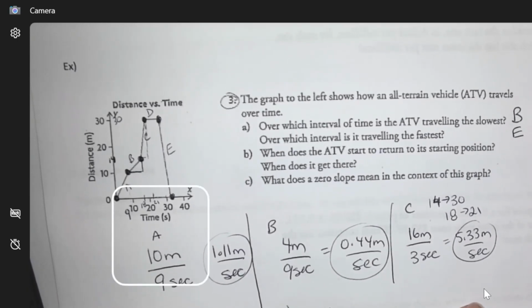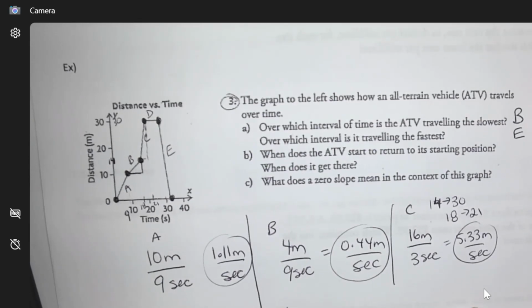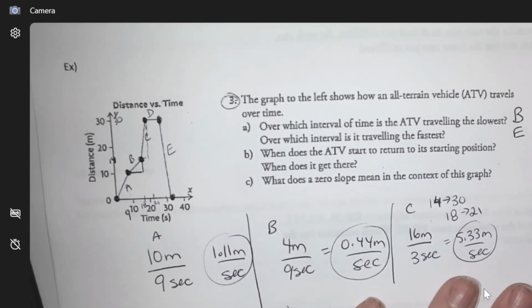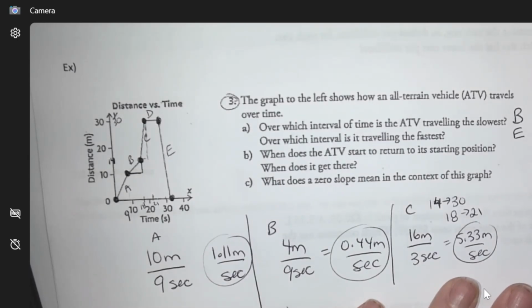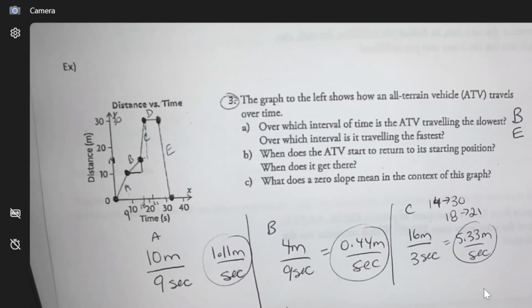So this is steep, and give me a word. I'm not an English person. What's the opposite of being steep? Flatter? Anybody have a better word? Flatter, steeper. So in a slope sense, this is less and this is more.